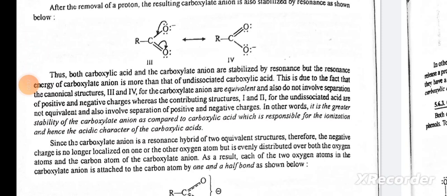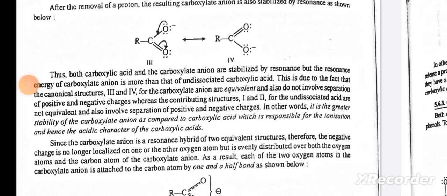This is due to the fact that the canonical structures 3 and 4 for the carboxylate anion are equivalent and also do not involve separation of positive and negative charges, whereas the contributing structures 1 and 2 for the undissociated acids are not equivalent and also involve separation of positive and negative charges.